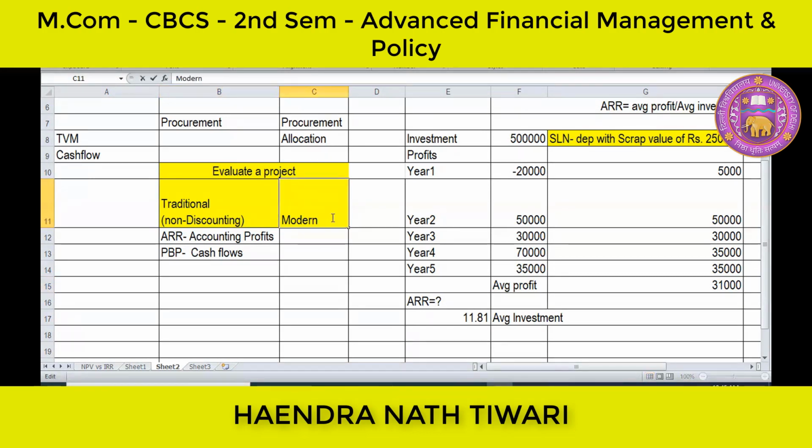The modern techniques are the ones that are discounting techniques. And what are the discounting techniques? One is NPV, the mostly used, IRR, MIRR, profitability index, terminal value.